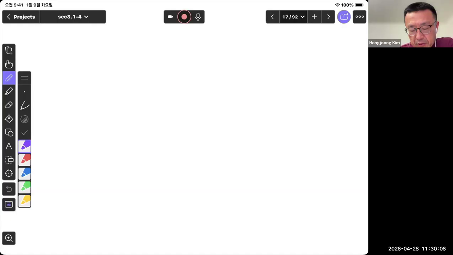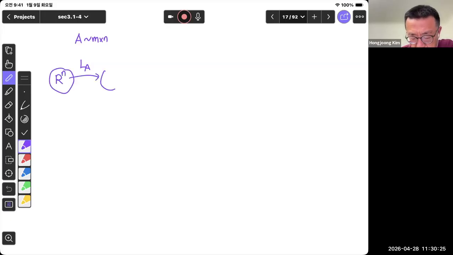So given A, if A is an m by n matrix, then we can think of left multiplication L sub A, this mapping from Fn to Fm.